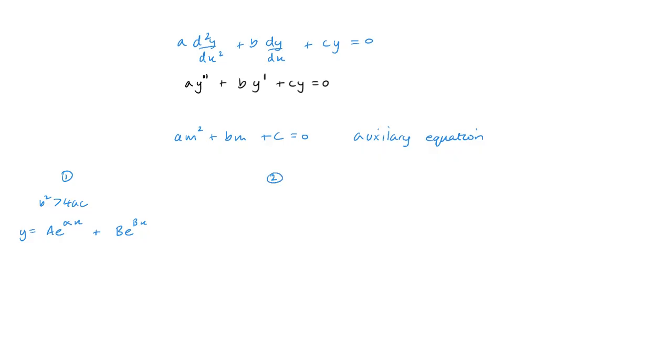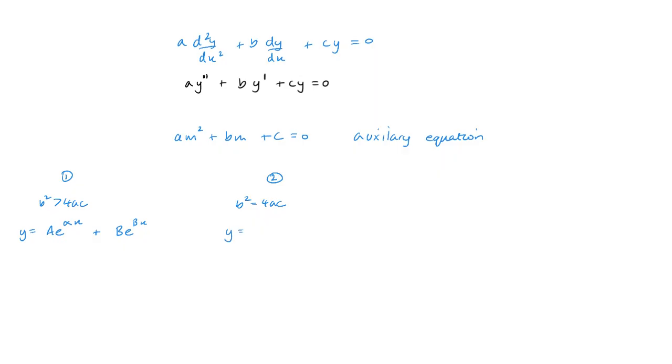The second option is when b squared equals 4ac. That is when we get one repeated root. So it's like alpha is the same as beta, so both are alpha.